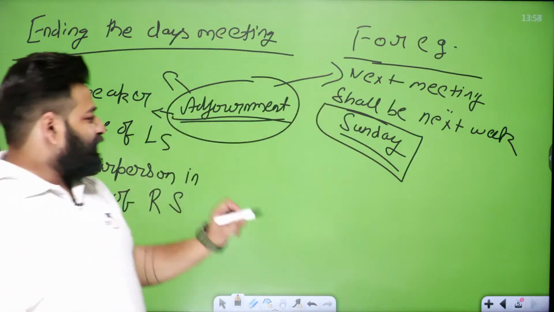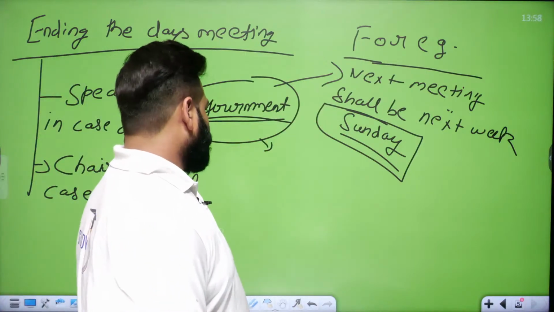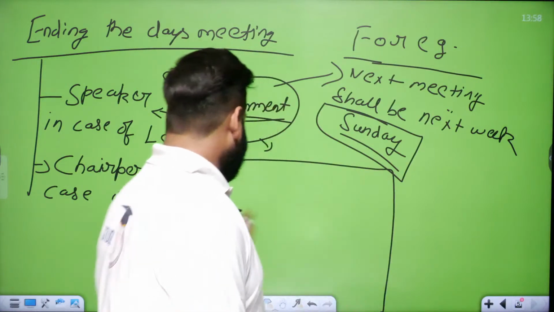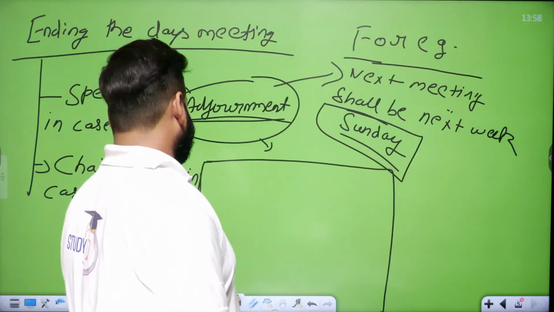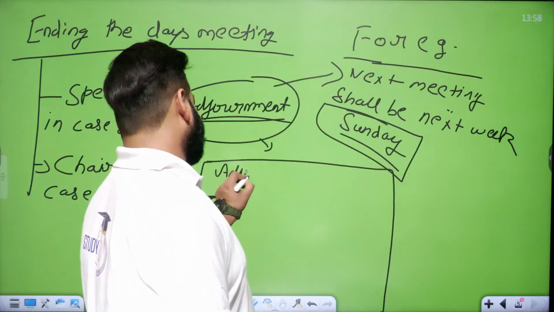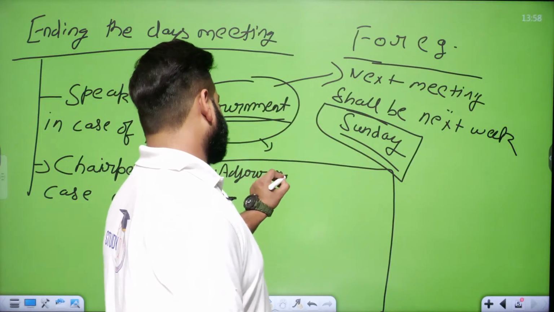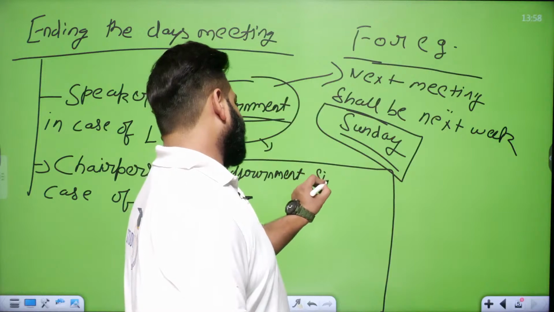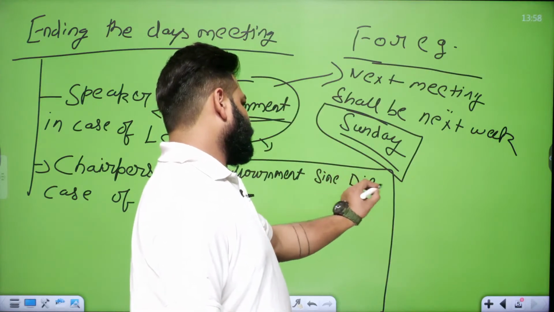So this time has been fixed, so it is known as adjournment. Now there is another feature. What do we call it? The adjournment sine die. What is this?